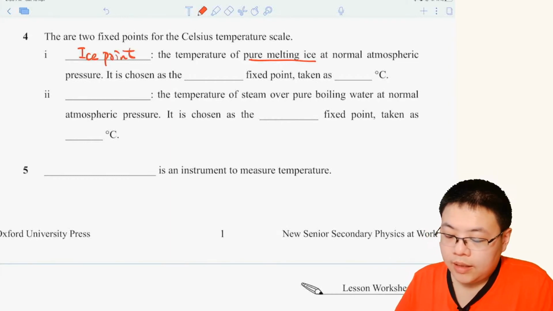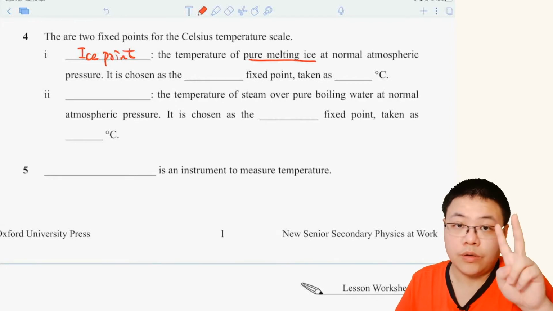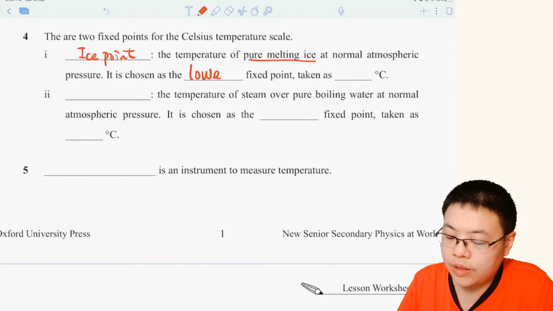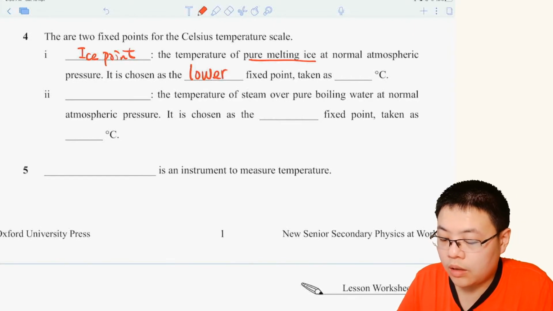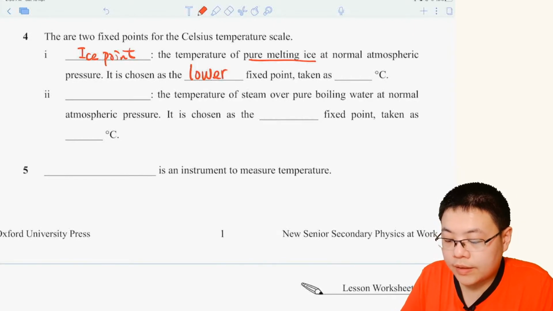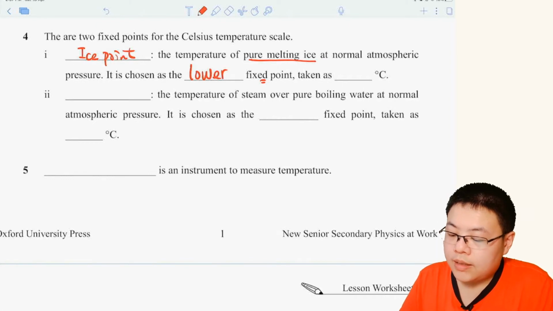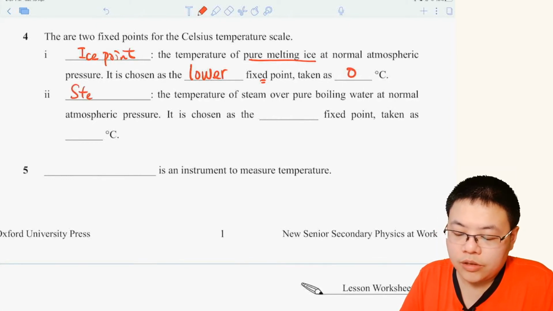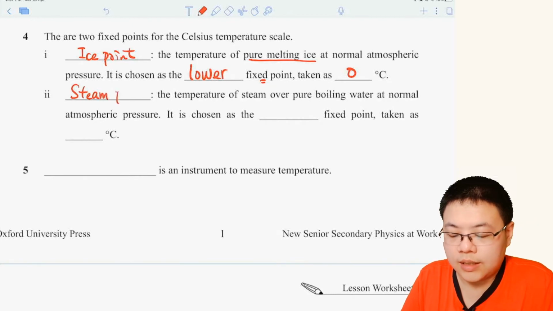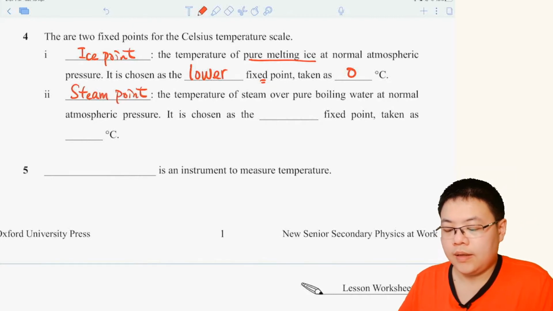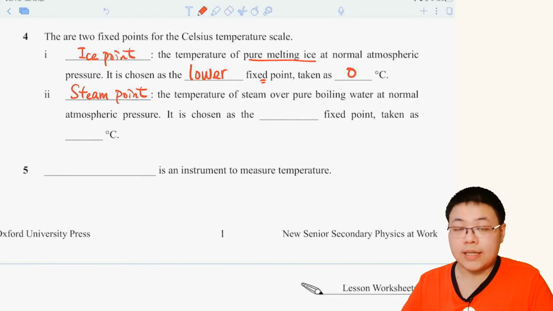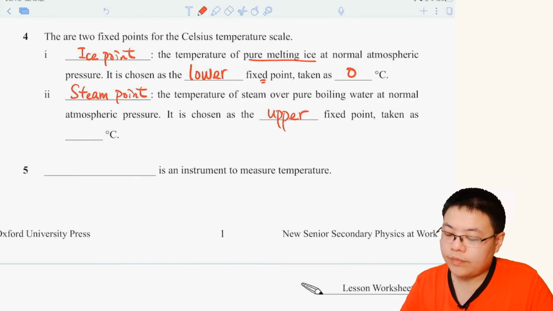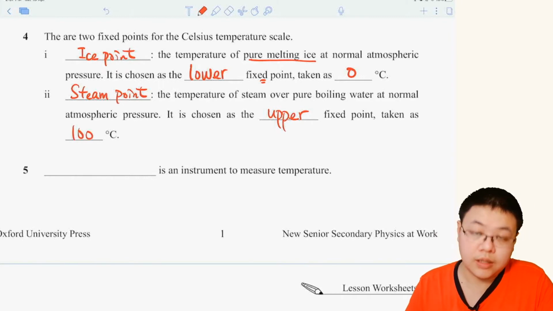And because we use 2 fixed points, this one is the lower temperature, we call it the lower fixed point, okay? This is taken as 0 degrees Celsius. And the other is called the steam point. The temperature of the steam point is taken to be the upper fixed point, 100 degrees Celsius.